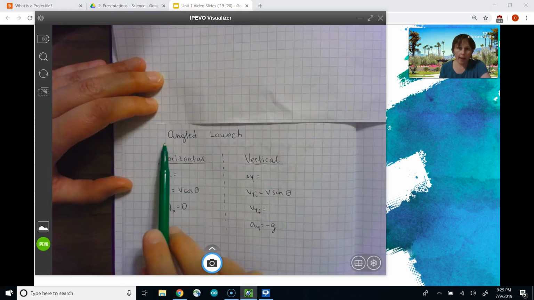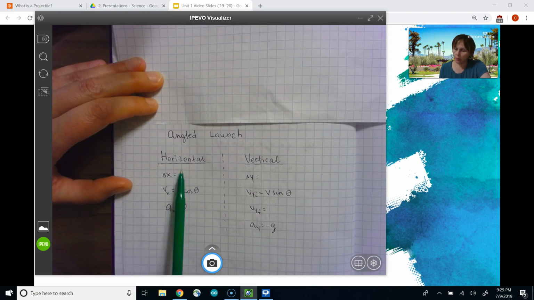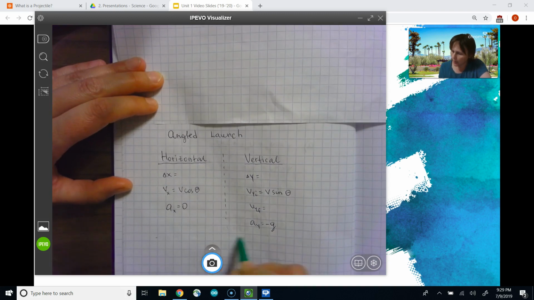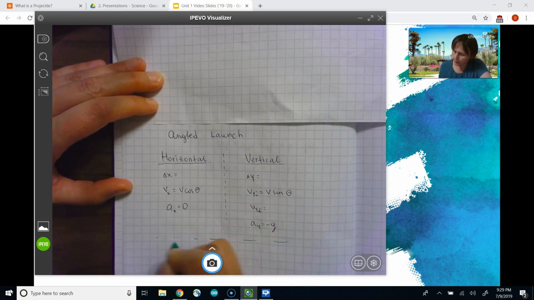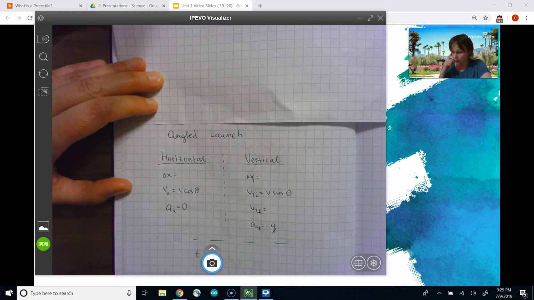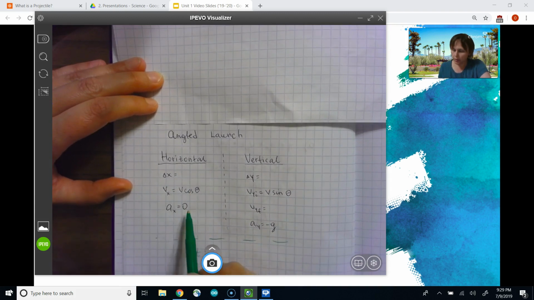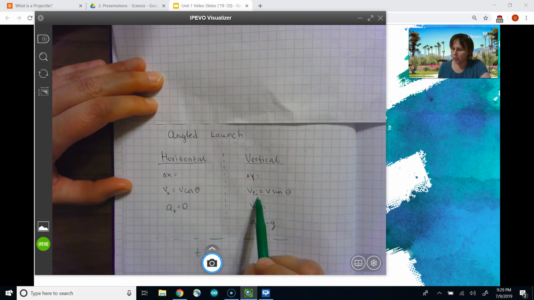So for the angled launch, we keep on having our table for horizontal and vertical and for the time t. However, for the horizontal component, the initial velocity will be equal to v cosine theta, and for vertical it's going to be v sine theta.